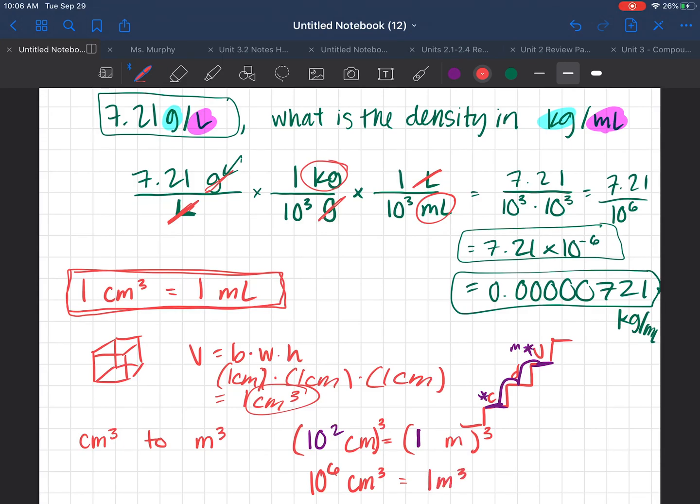Because remember, 1 cubed is just 1. So this now is our relationship that we can use for conversions. So understanding that if we start having squared or cubed units, we have to square or cube their conversion values in front of the variable as well.